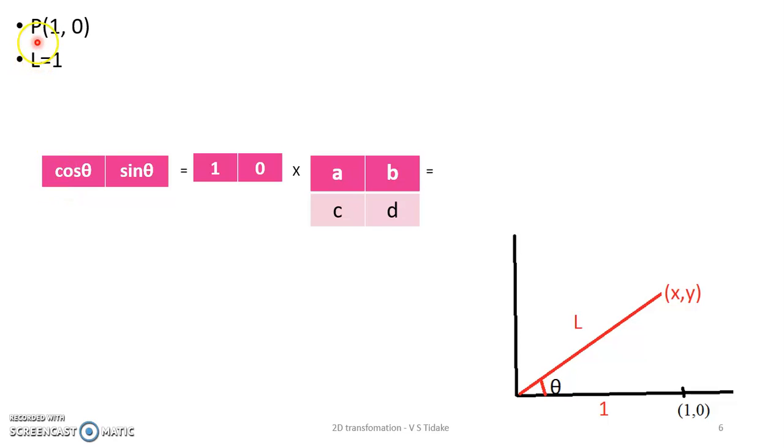Now if we consider point P 1, 0, that is this point, then the length of this line will be 1.